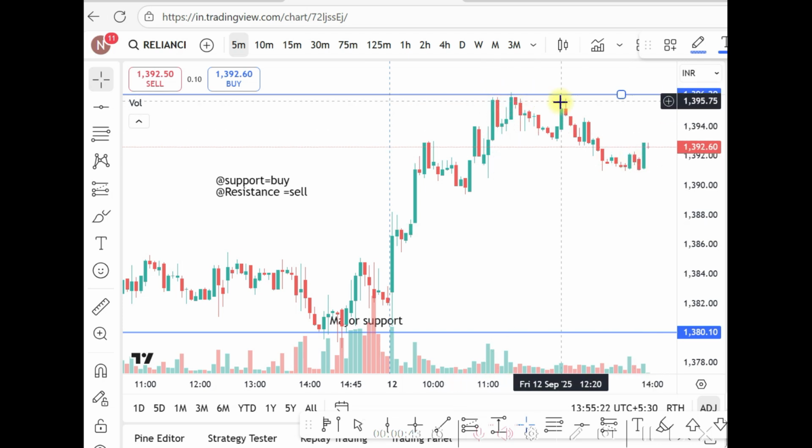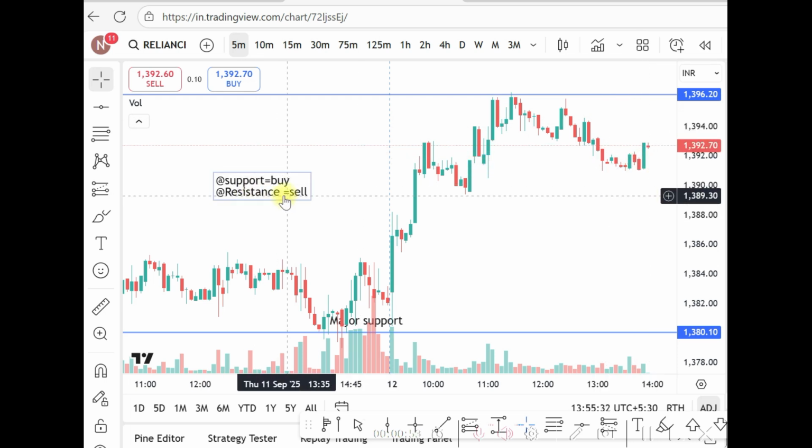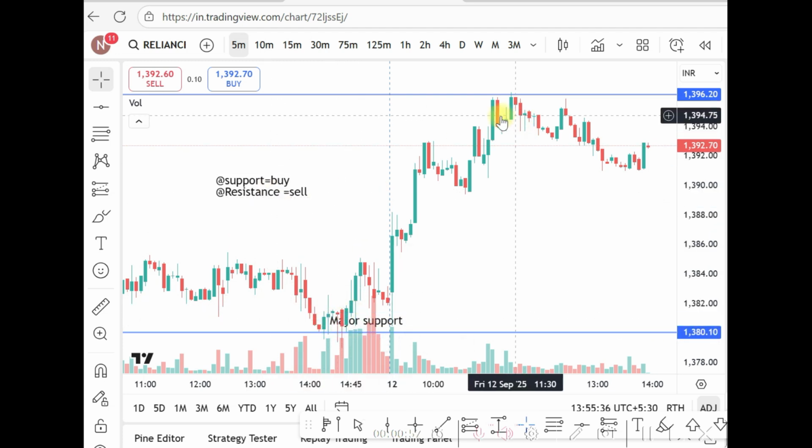This is the resistance because supply is more, the sellers are more here, and they are defending the positions, and the price has come down. So always remember, always buy at support and sell at the resistance. You can sell at this resistance level.